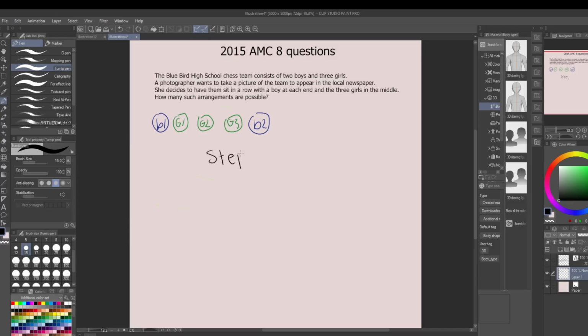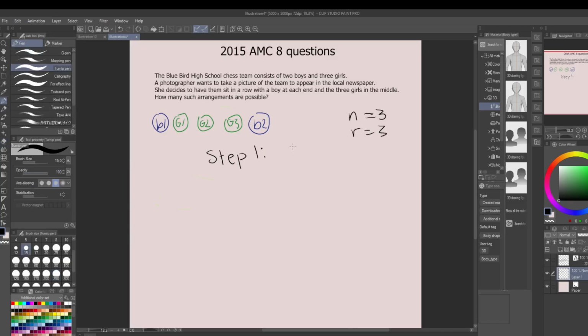Since this is a permutation without repetition question, we can use the formula, and since there are 3 girls, n is 3, and since we're arranging from 3, r will also be 3.